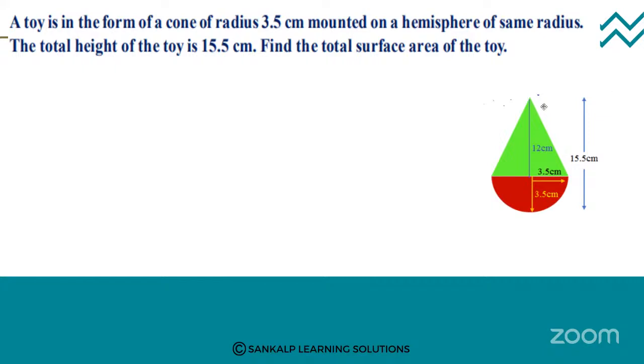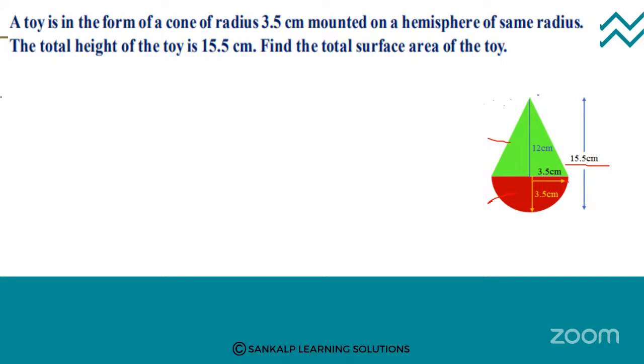Okay, so here one toy is there. That toy is the combination of hemisphere and cone, right? So one hemisphere is there and one cone is there. Total height of the toy is 15.5 centimeter, and radius of the hemisphere they have given, that is 3.5. Radius of the hemisphere 3.5.